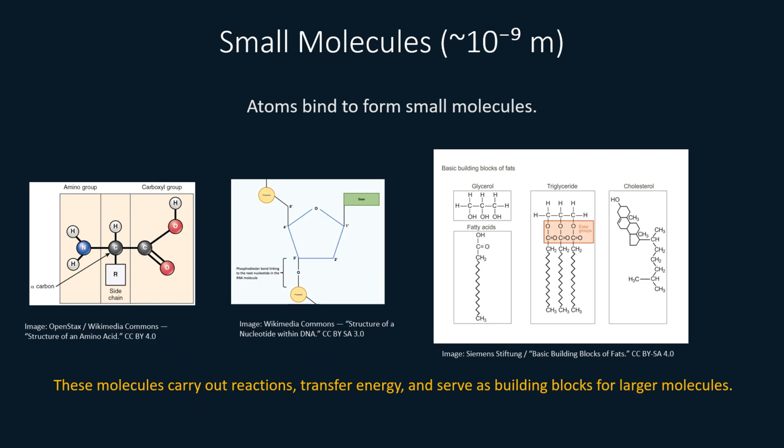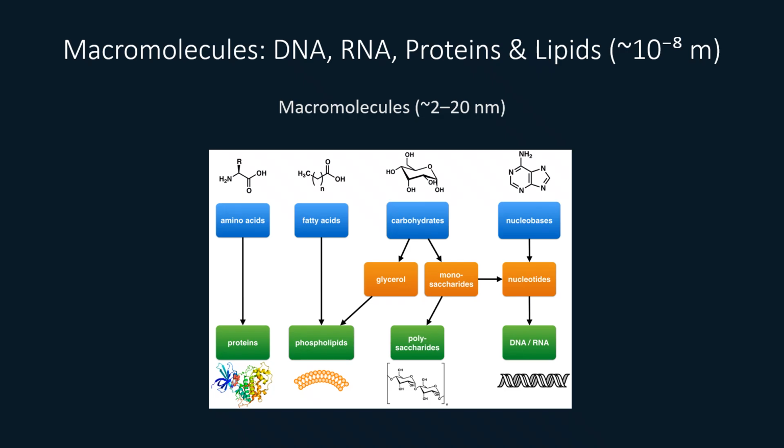Now let's talk about macromolecules. Proteins, nucleic acids, and lipids, they sit at nanometer scale. Proteins are usually 5 to 10 nanometers across, hundreds to thousands of amino acids folded into precise 3D structures.